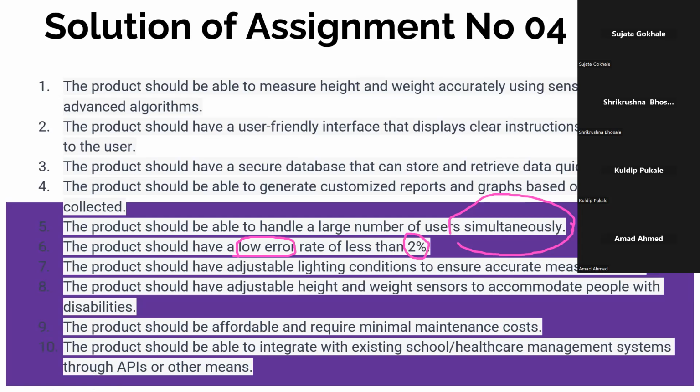That is too much. It will reduce the percentage of error. Adjustable lighting conditions, height and weight sensors, affordable, minimum maintenance, integrate. So maybe we can modify those things. Okay, next one.